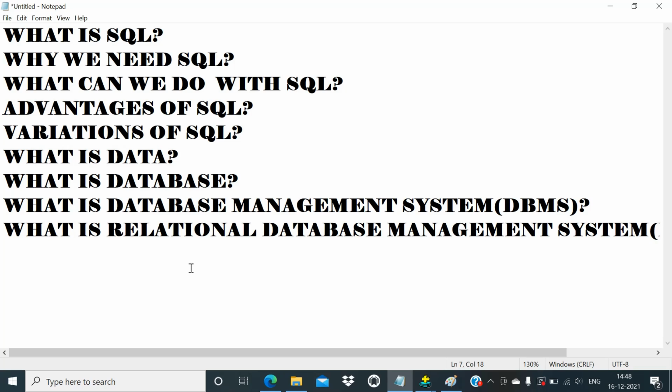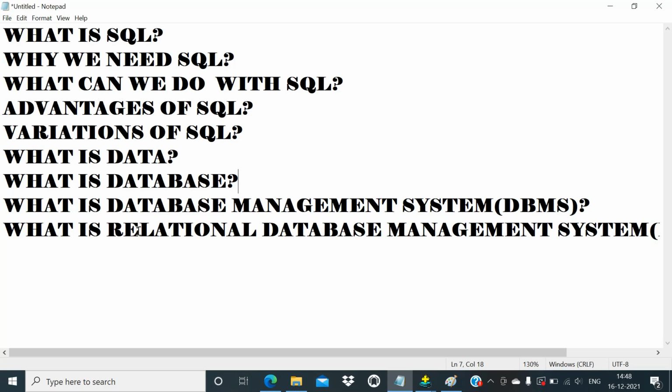And one more thing is relational database management system. It is a type of software where data will be stored in form of tables. Generally database is nothing but a place or a medium where data will be stored in systematic and organized manner.